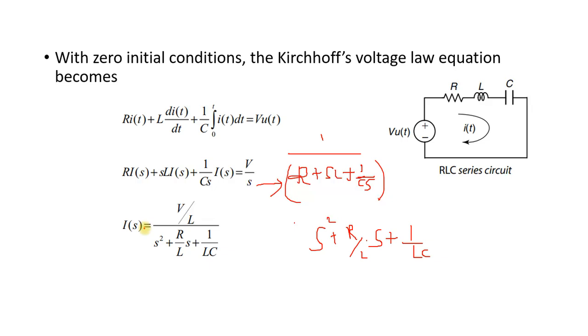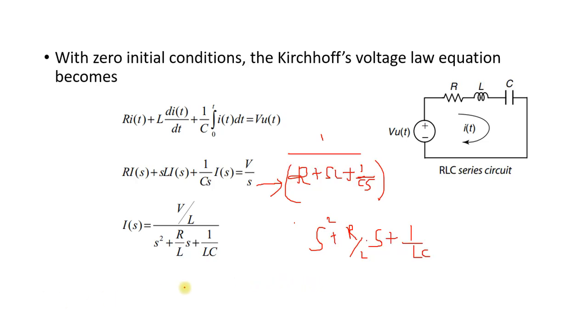Now I want to find the inverse Laplace transform. Before that, I go for the partial fraction method. Here there are two roots, so in order to get the roots I go for the partial fraction method. First of all I want to find the roots of this term. It is in the format of as square plus bs plus c.